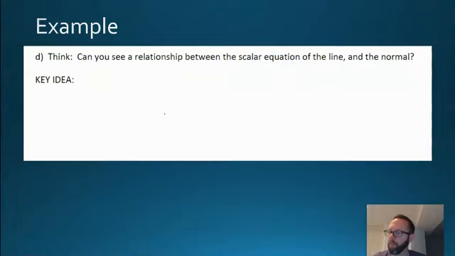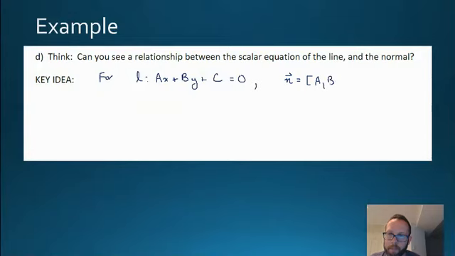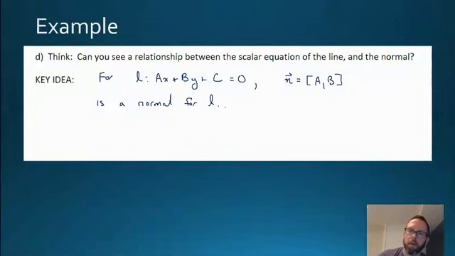The key idea, and we're going to make use of this a lot, is that for the line L, ax plus by plus c equals 0, the vector n equals [a, b] is a normal for the line L. That's pretty cool, and we'll use it a lot, especially when we talk about planes in R3.